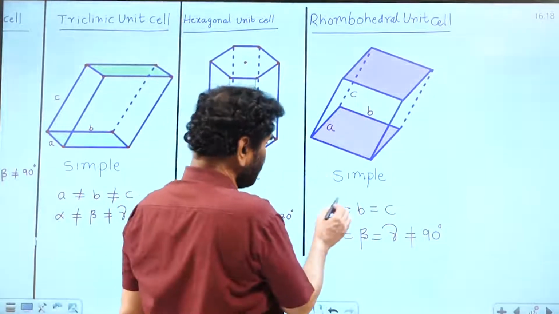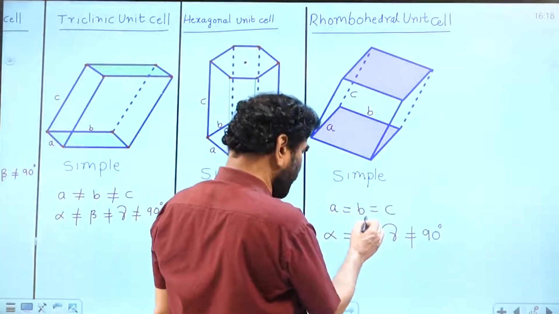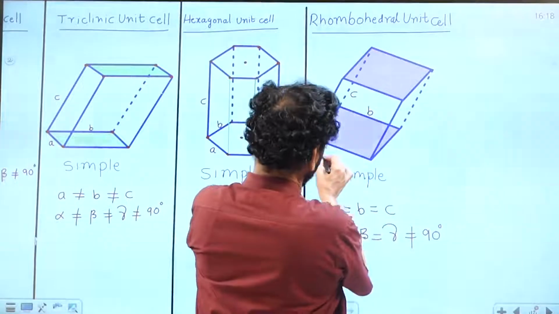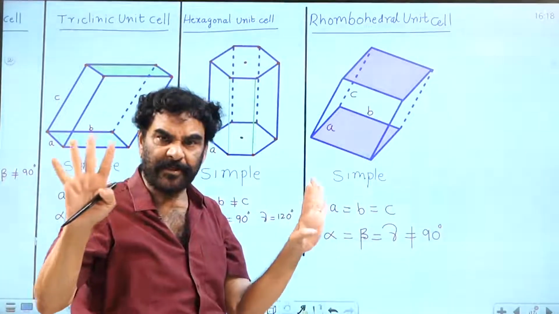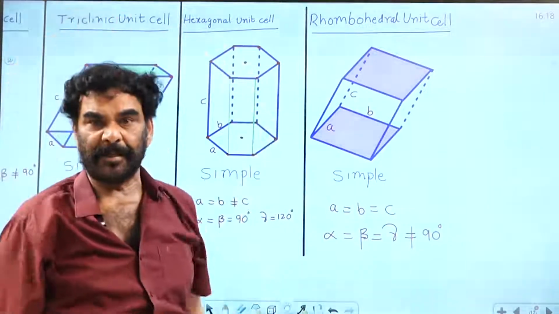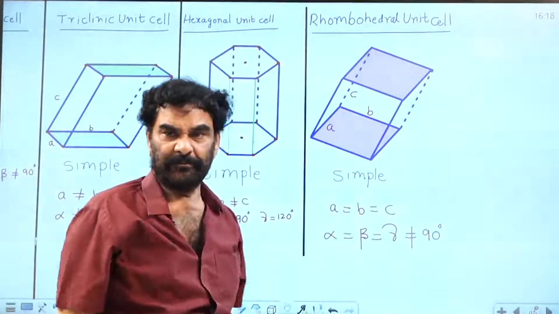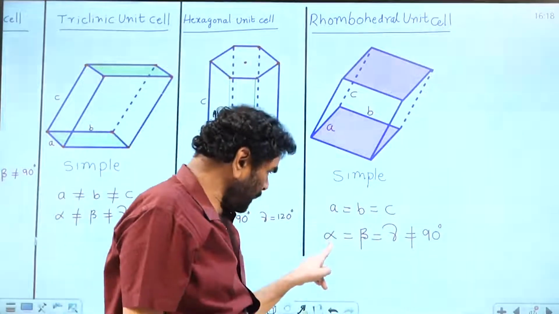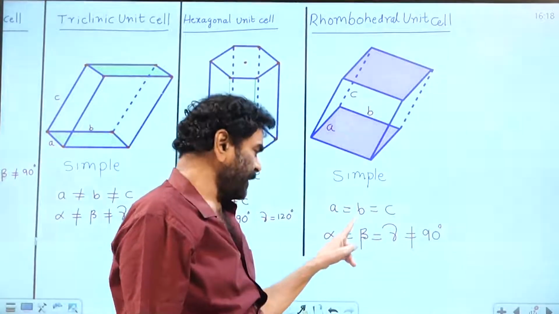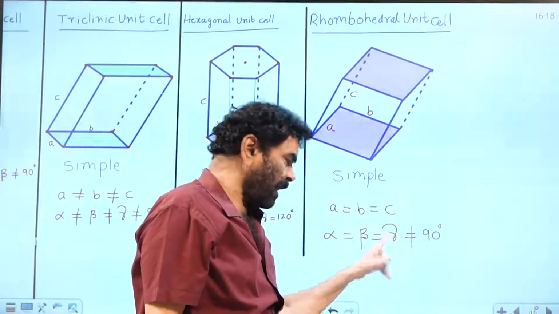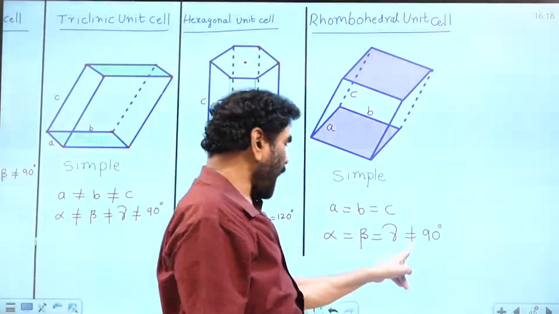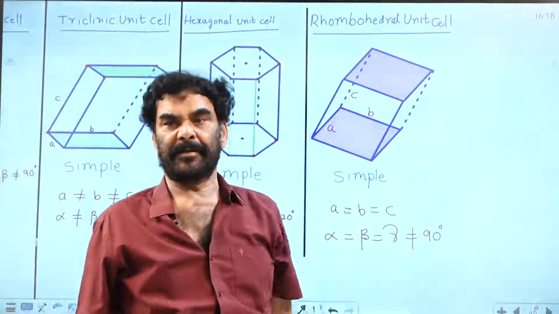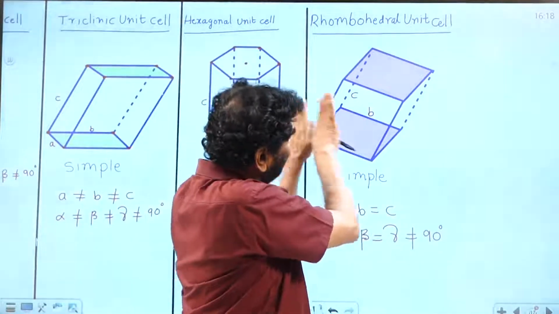You see, A is equal to B is equal to C. Length, breadth and height are all the same, the three edge lengths are the same like your cubic system. But here alpha is equal to beta is equal to gamma, all three are equal, but the angles are not 90 degrees. That is, they are tilted to one side.